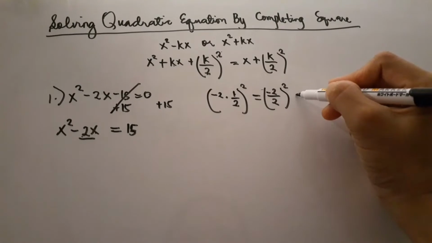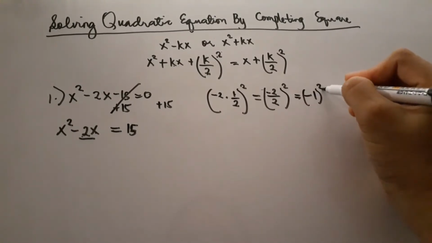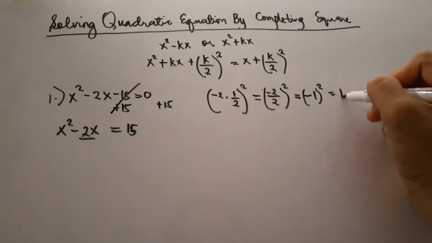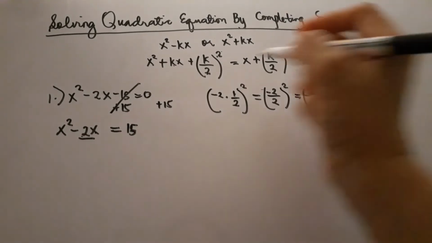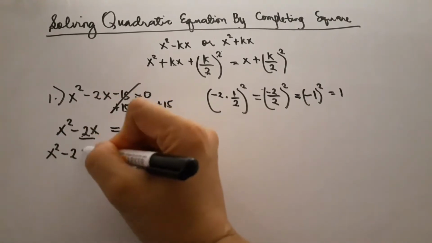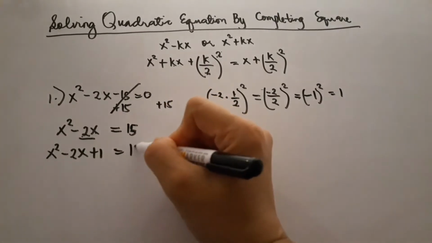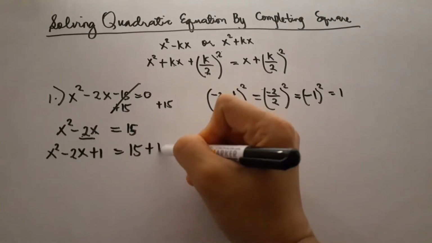So negative 2 divided by 2 is equal to negative 1 squared. Negative 1 squared is equal to 1. Therefore, we add positive 1 to both sides. So we have x squared negative 2x positive 1, and we add positive 1 on the other side also.